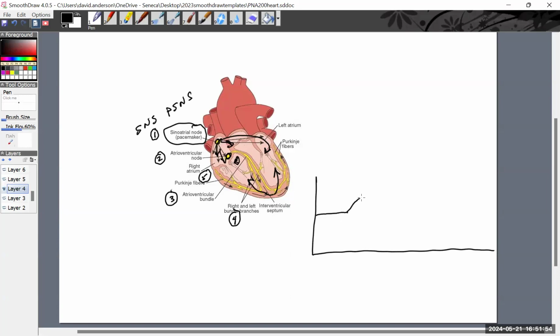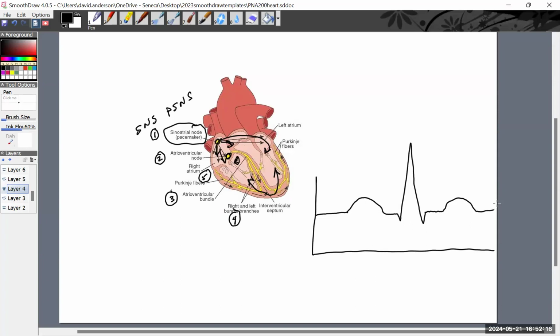The atrium contracts, a bit of a delay, and then we get ventricular contraction. And then we get our continuation on to the next cycle.